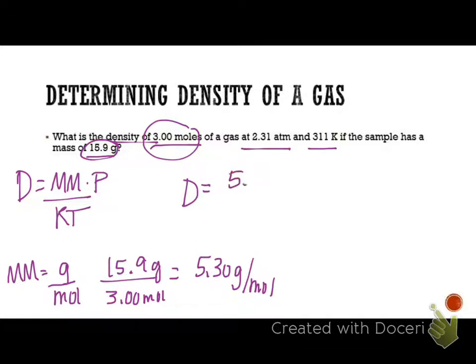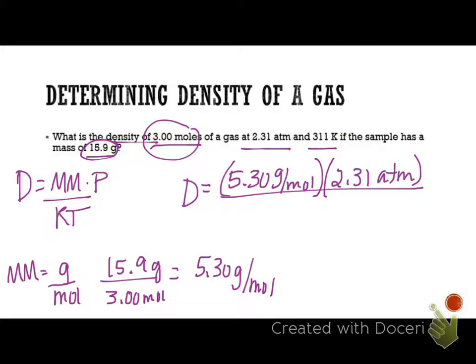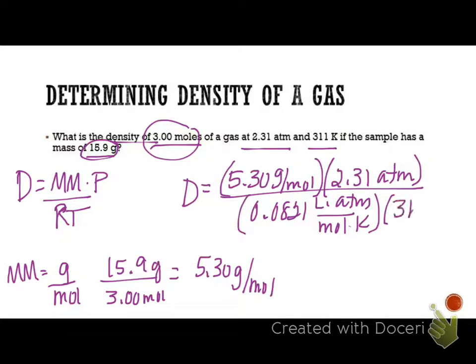So 5.30 grams per mole times our pressure, which was 2.31 atmosphere, divided by RT, 0.0821 liters times atmosphere over mole times K, and then our temperature was 311 K. When we start canceling out, we're going to be canceling out moles, atmosphere, and Kelvin, which is going to leave us with units of grams over liters, which is what our density unit is in.